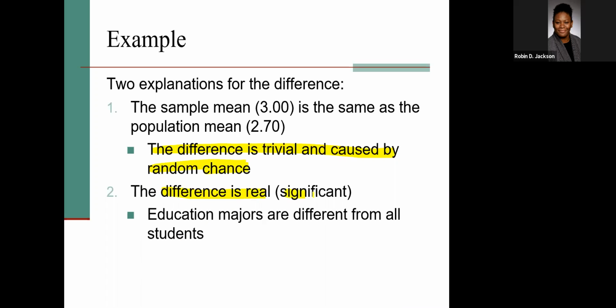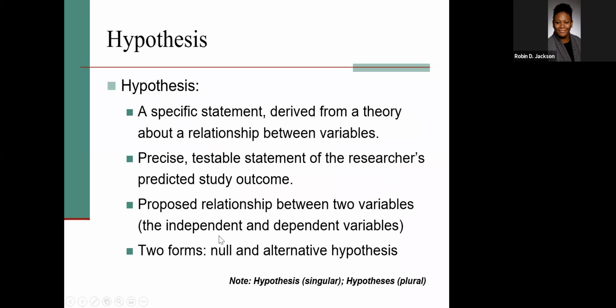In other words, is it significant? That really and truly education majors are different from all other majors, from all other students. That's what we're trying to find out. So to do that, that's when we do the hypothesis testing.